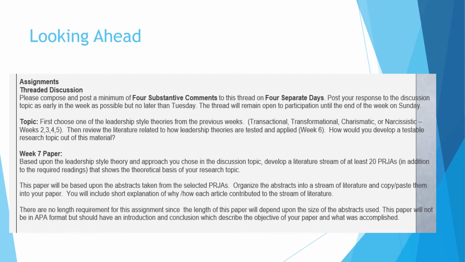And I'd like you to come up with, in your discussions, how you might develop testable research, which approach you might take to see whether one of these theories would be applicable. Now, we've talked about this with regards to individual people, political leaders, corporate leaders and things like that. But as we know, picking a single person is a single data point, a single observation, and is not statistically meaningful.